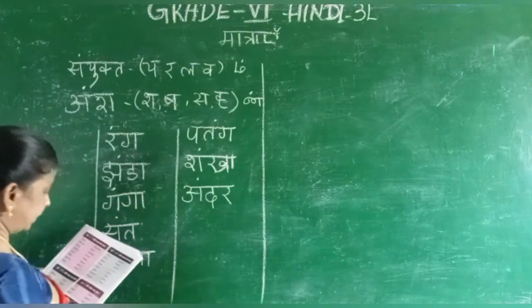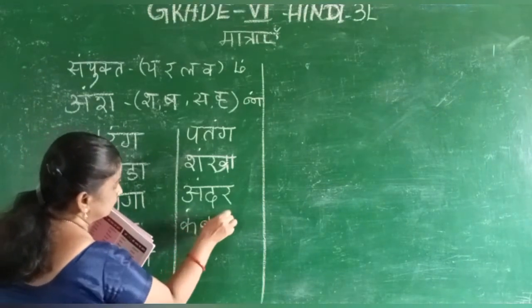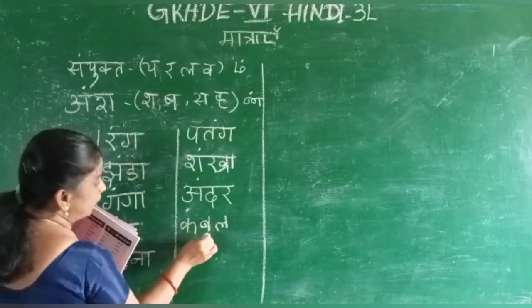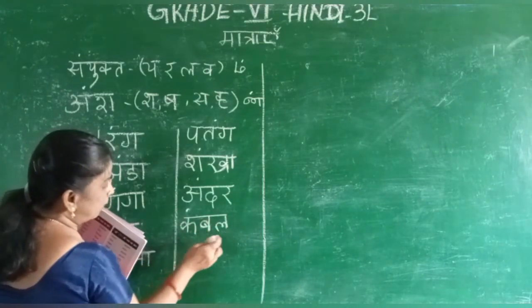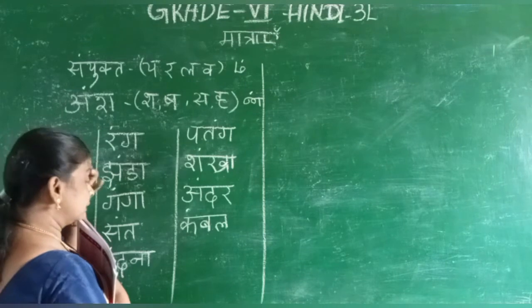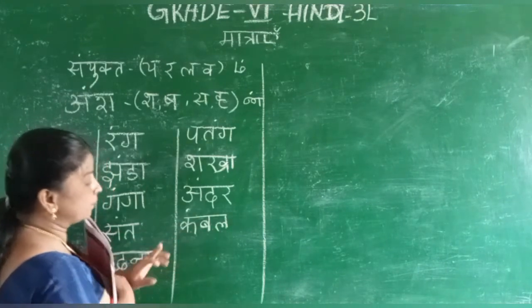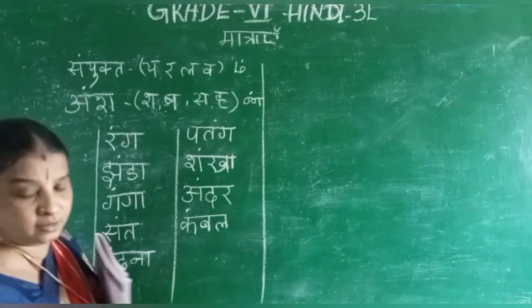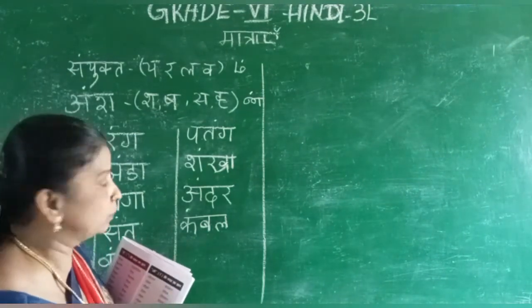Next one. After the dot, ba. Ka, im, ba, la. Because I already told you, the ba, pa line is the im sound. Don't worry, I will give the rules in the classwork, so you copy that.